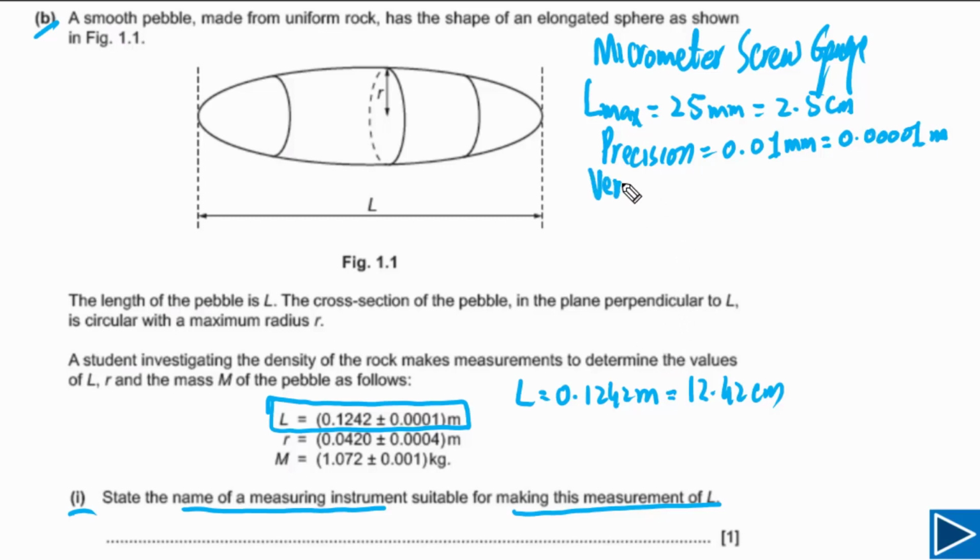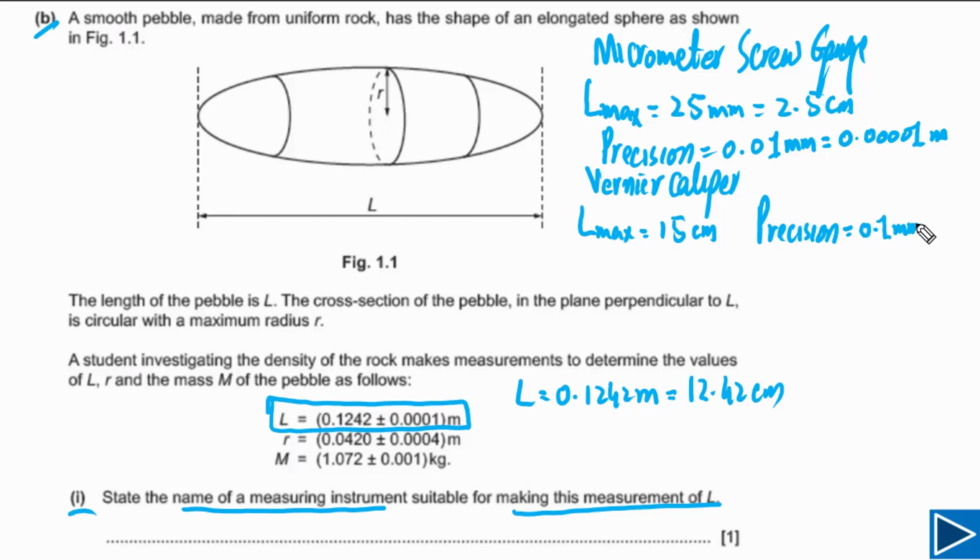The next common instrument used in the physics lab is the vernier caliper. Let's try to understand a little bit about the vernier caliper. The maximum length we can measure with a vernier caliper is about 15 centimeters, and the precision of the vernier caliper is 0.1 mm.